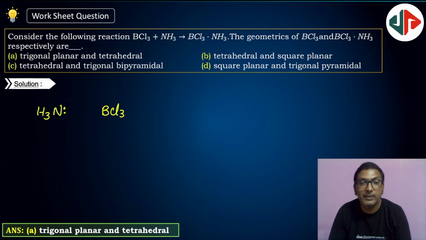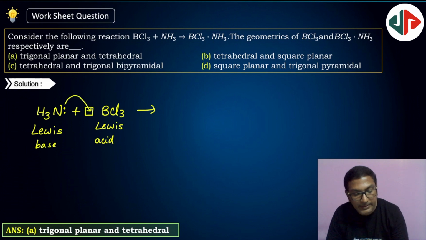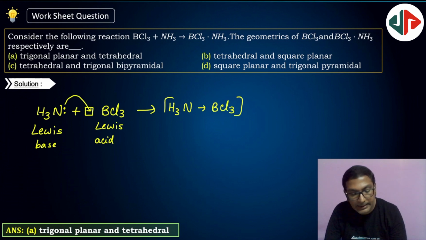It is having one lone pair, plus BCl3 has one vacant orbital. So this acts as Lewis base and this one Lewis acid. Therefore, it can donate one pair to BCl3. It forms NH3 BCl3 adduct.